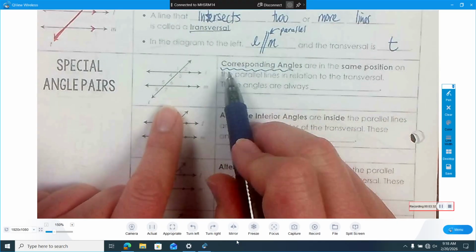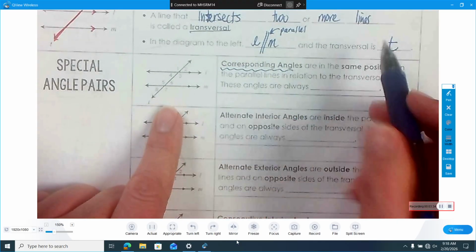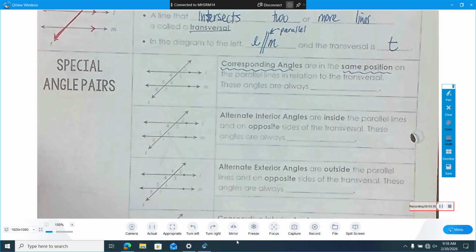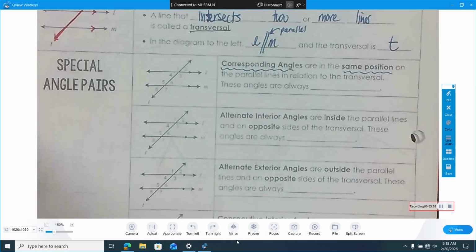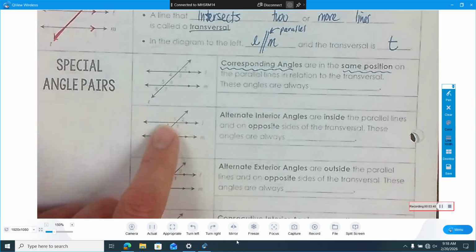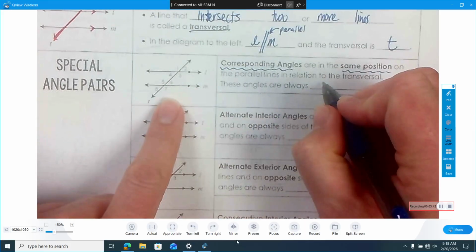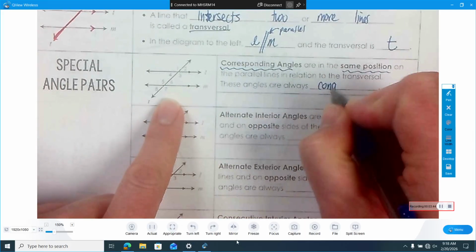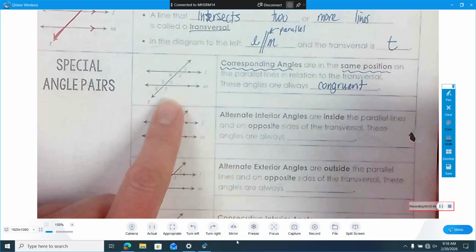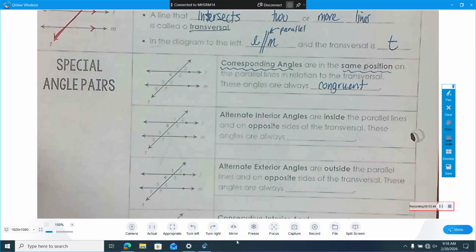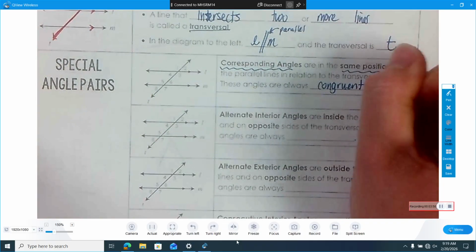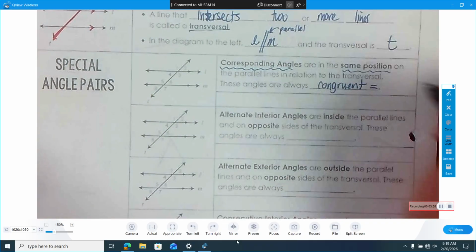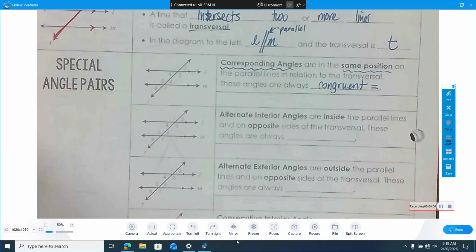It turns out that corresponding angles are in the same position in relation to that transversal. And these angles are always congruent. They are always congruent. And congruent means what? What does congruent mean? It's a little more than equal. They are equal. They are the same.